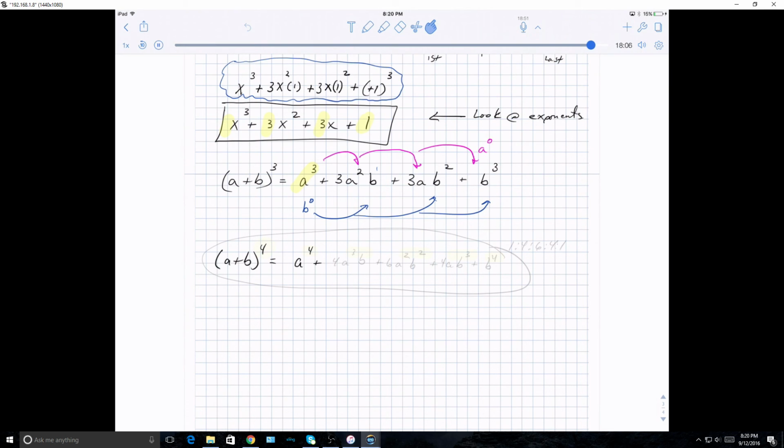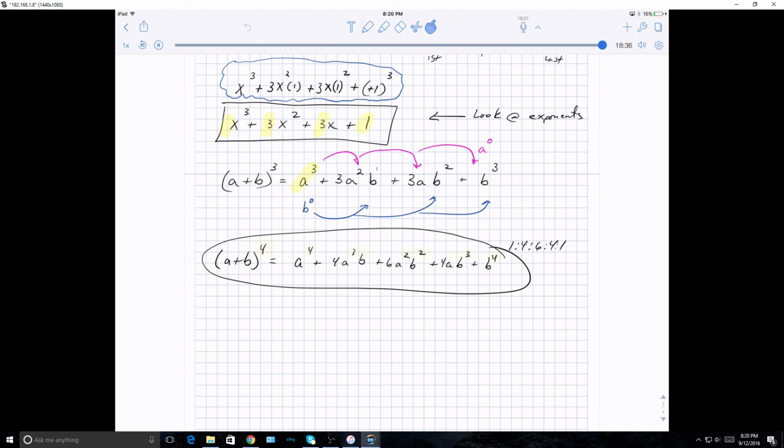So if we write down that as 1, 4, 6, 4, 1, then we can see that we have our 1. We're going to multiply by 4a cubed b plus 6a squared b squared plus 4ab cubed plus b to the fourth. And that would be our expansion.